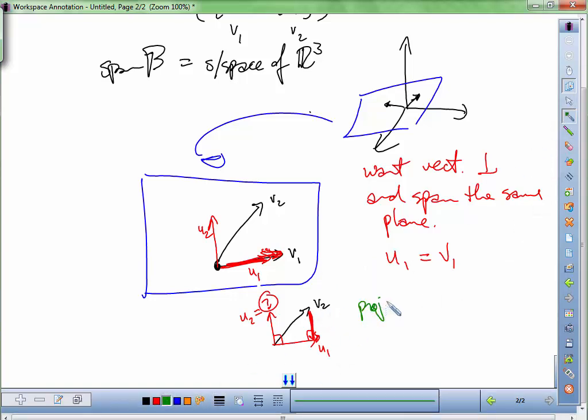The projection of v2 onto u1 will give us this vector down here. Let me put u1 a little bit longer here.